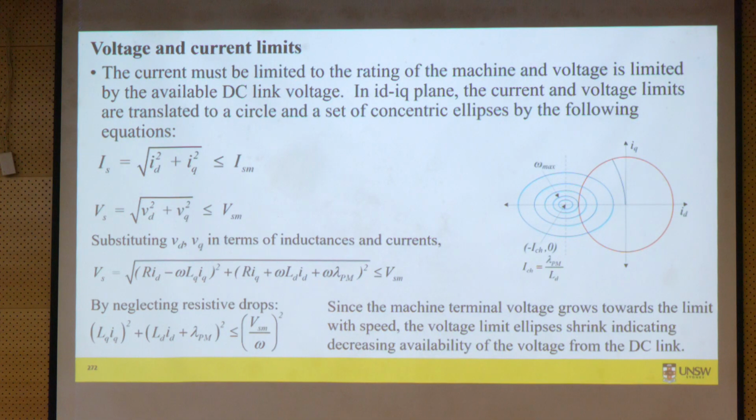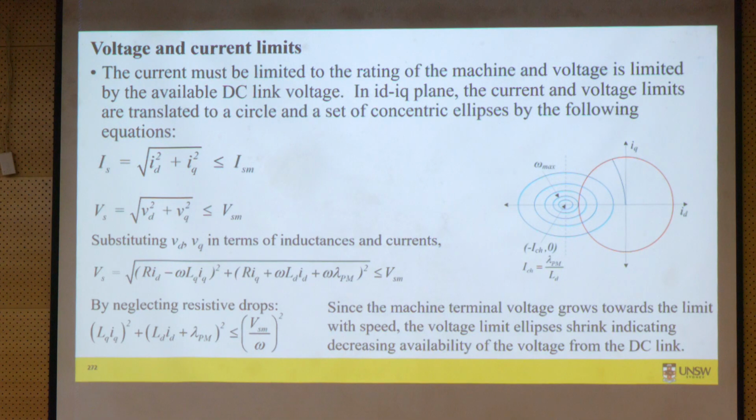We may want to operate with maximum torque per ampere. We may want to operate under flux weakening. So these ID current and IQ current references can vary, or we may have to limit them according to our motor's ratings.